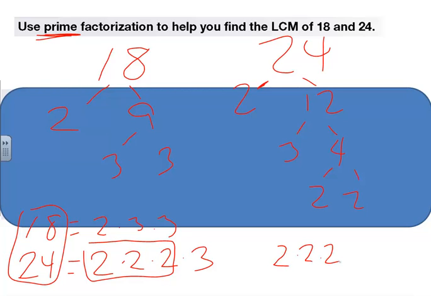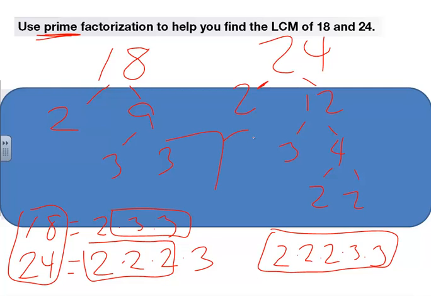Which one has the most 3's? It's the 18, and it has 2 of them. So we're going to add over here 3 times 3. Now, to get the least common multiple of 18 and 24, we multiply these together. 2 times 2 is 4, times 2 is 8, times 3 is 24, times 3 is 72. Our answer for this is going to be 72.